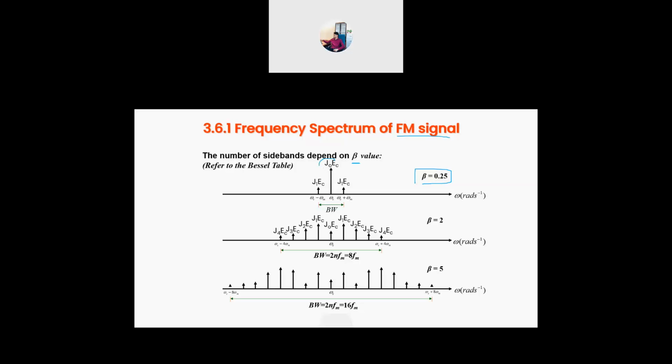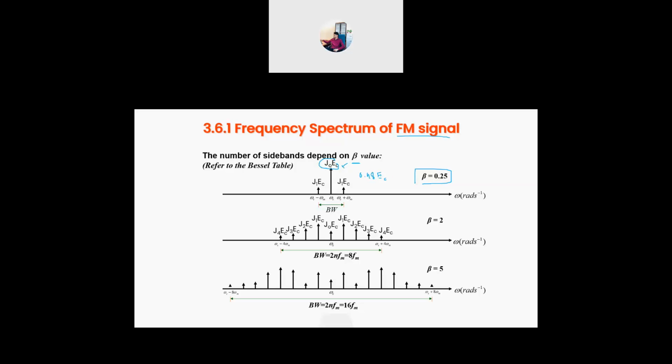So J_0 times E_C means 0.98 times your E_C value. We didn't have E_C yet, but if E_C is 1, for example, then the amplitude here will be 0.98.